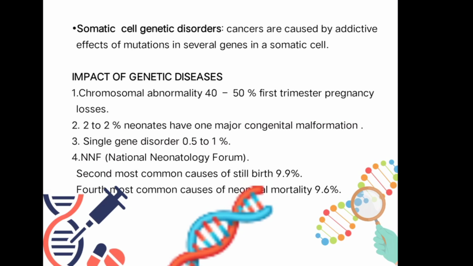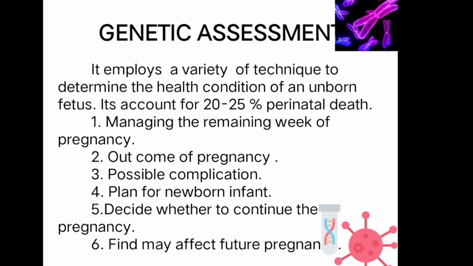This is recent research, and it means that when the baby is developing any genetic disorders, if we are not performing proper preventive or screening measures, there is a chance of stillbirth, that is, the baby dying in the uterus due to cardiac dysfunction or other reasons. So genetic problems play a major role in the morbidity as well as the mortality rate of the neonatal age group.